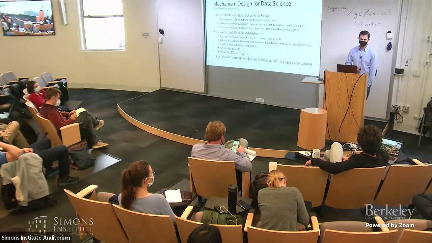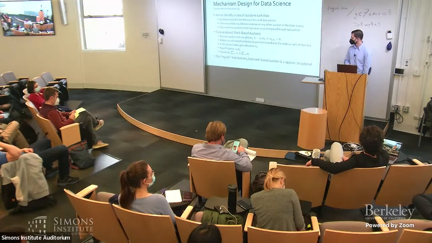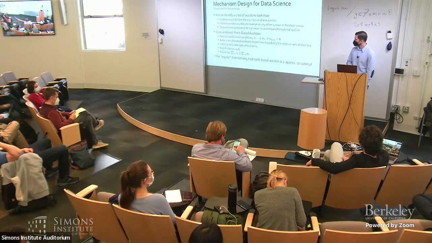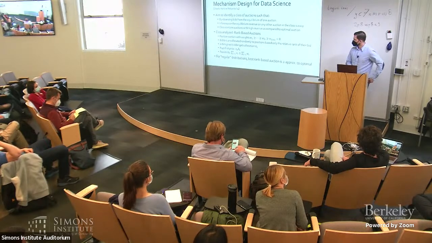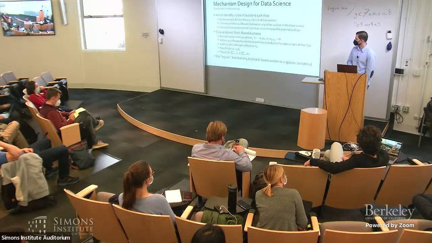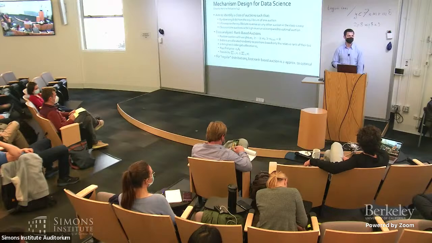If I look at the bottom three bullets, a first price auction, and the last two bullets, the first price auction is not my typical feasibility constraint, because it uses ranks for the feasibility constraint, right?